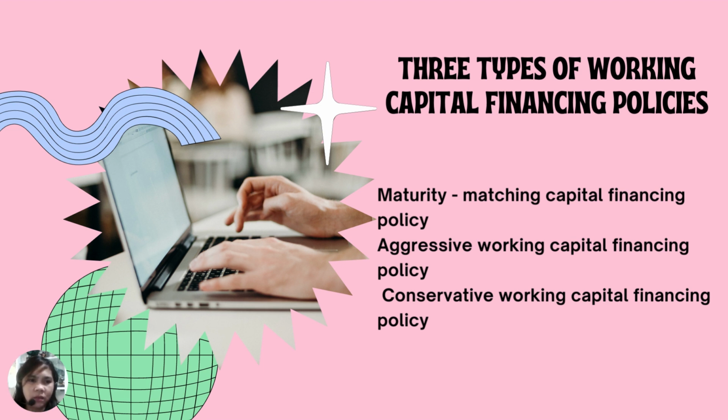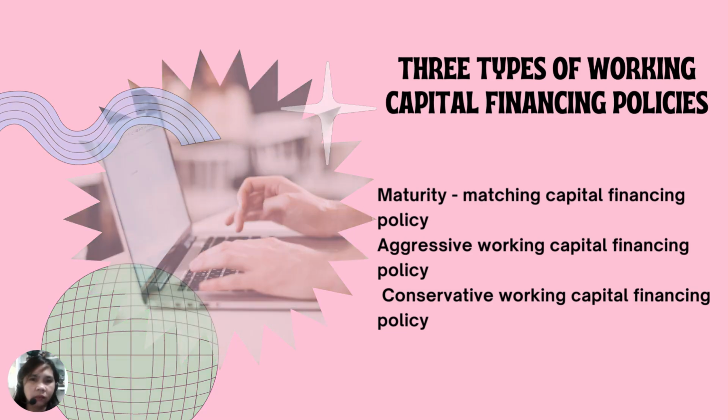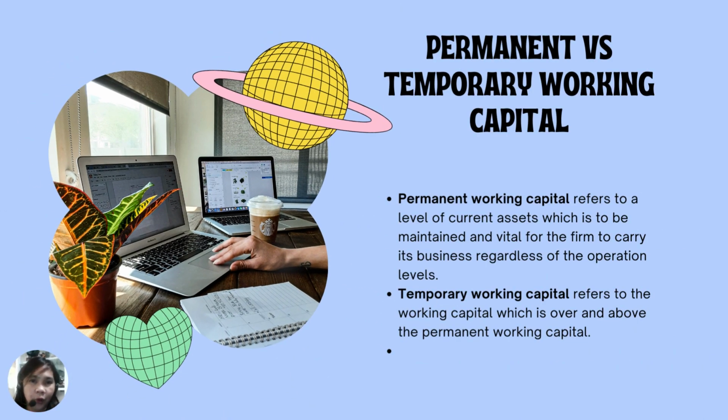Let us proceed to the difference between permanent working capital and temporary working capital. Kasi nababanggit yan dun sa unang slides. Okay, so when we say permanent working capital, it refers to the level of current assets which is to be maintained and vital for the firm to carry its business regardless of the operation levels.